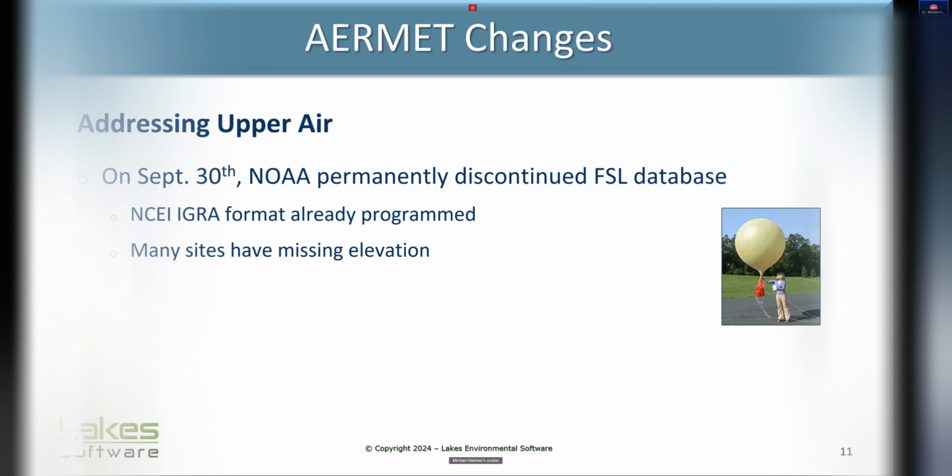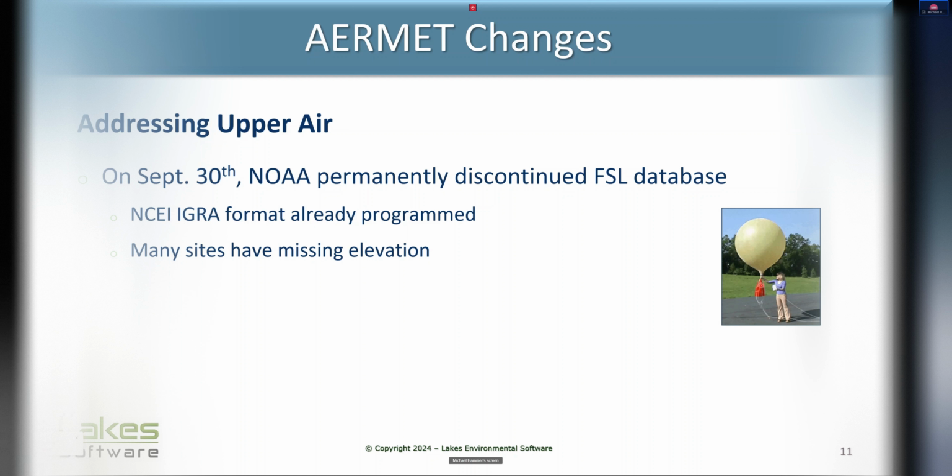Since AERMET required that surface elevation to be present when assessing upper air data, this would result in a number of soundings being skipped by AERMET, and the end result was a large number of missing hours.